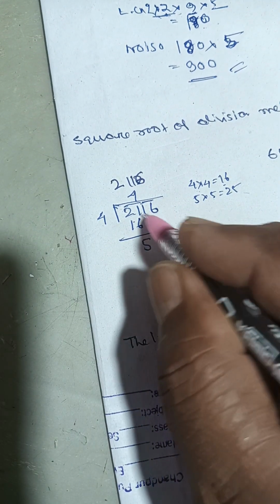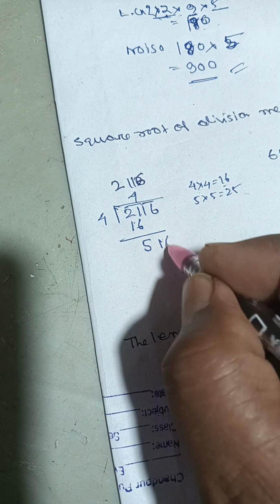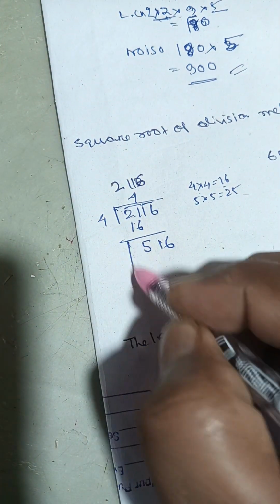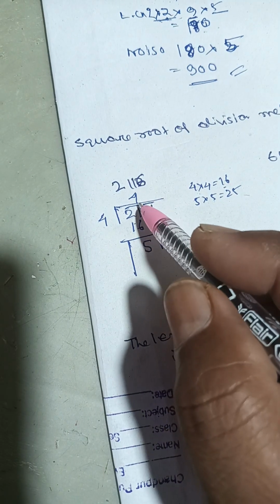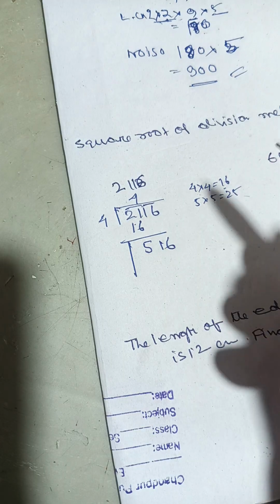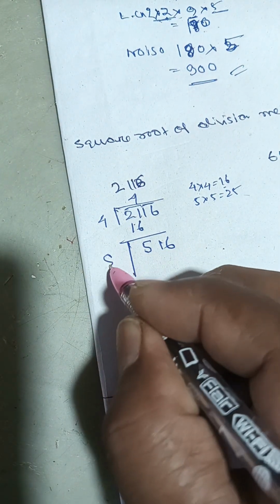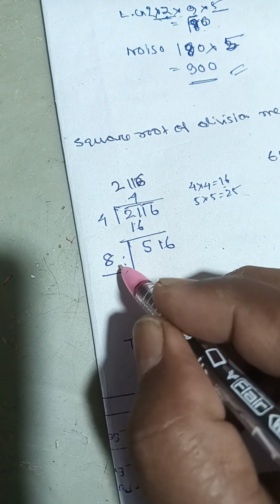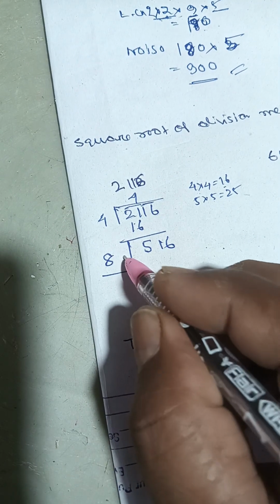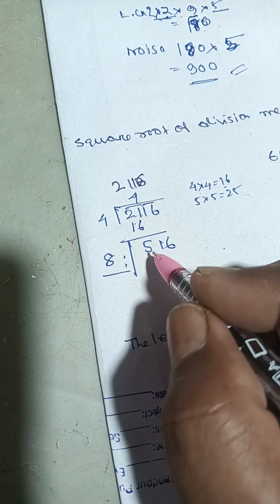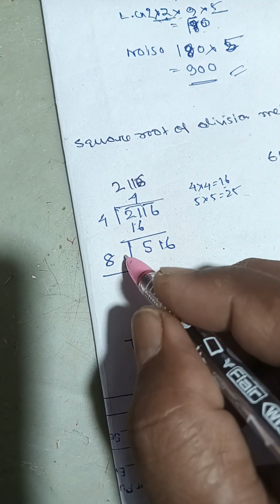Then you take this pair down, 16, so it is 516. After this you write, again we have to divide by which number? You see what I have written here: 4. Its double will be 8. 4 double is 8. Now you have to put two same numbers so that their product will be 516. So what should be put here?